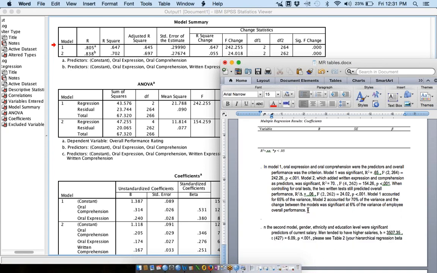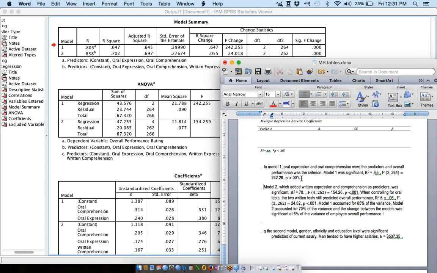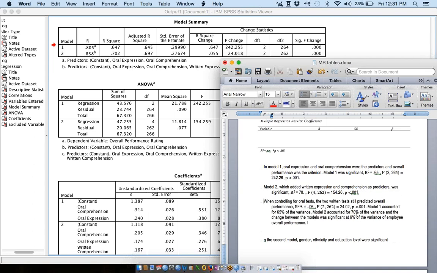Okay, now we're talking about, and if I were editing this, I might even move the percent of variance to line up with each thing instead of saying it all at the end again.